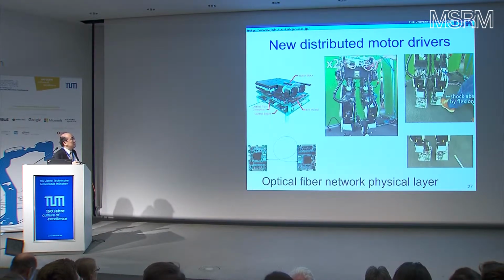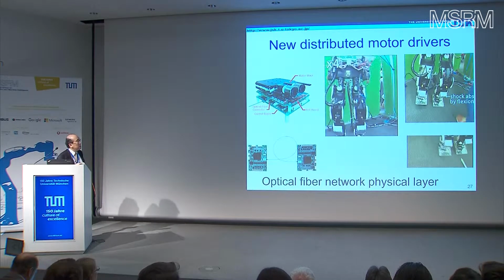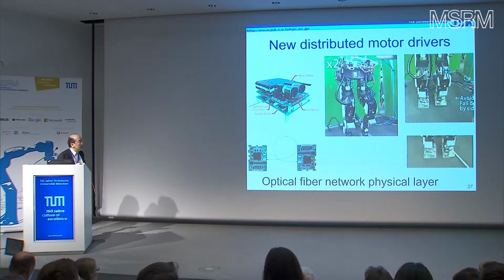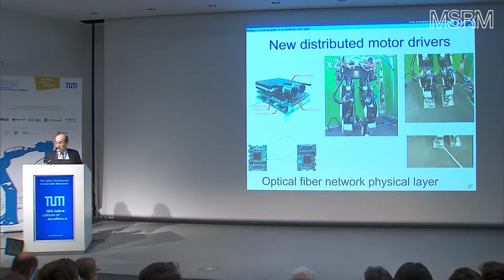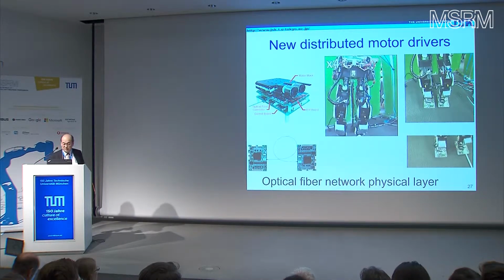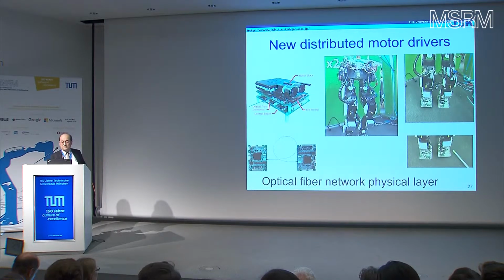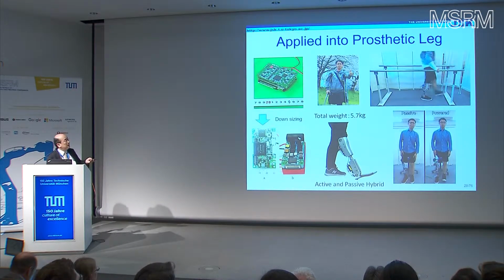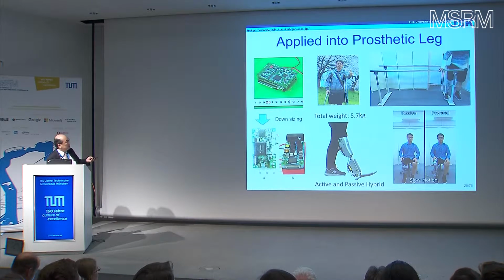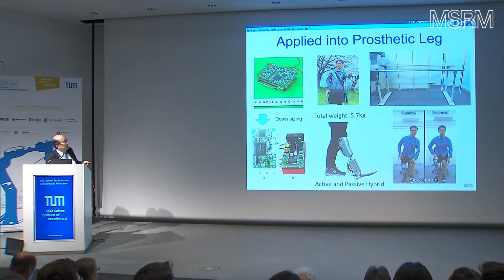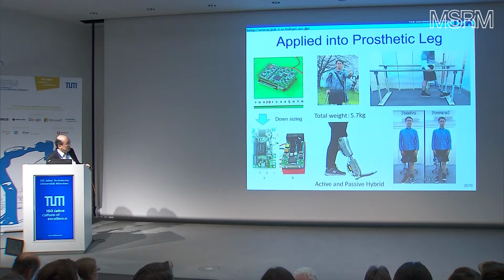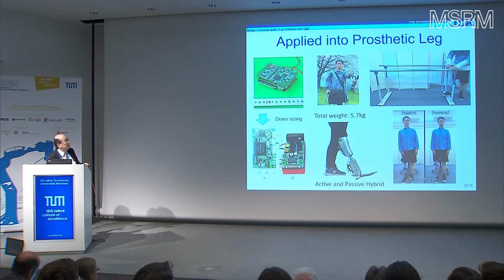Then one PhD student showed that while it's walking, it can show 3 minutes, okay, recovered. And also we try to apply that motor driver for the prosthesis. He joined our lab to build an active leg for himself.